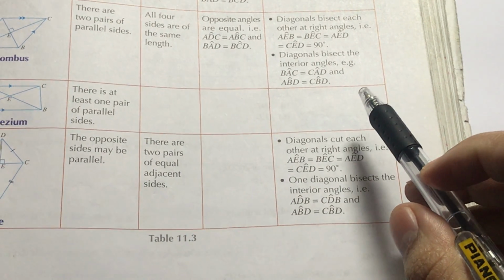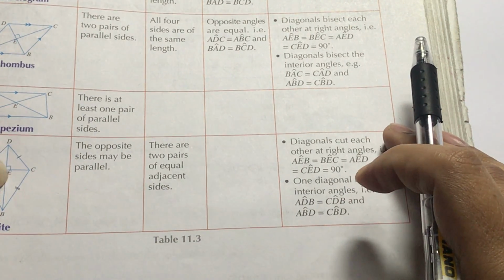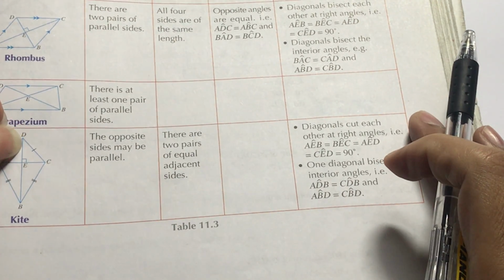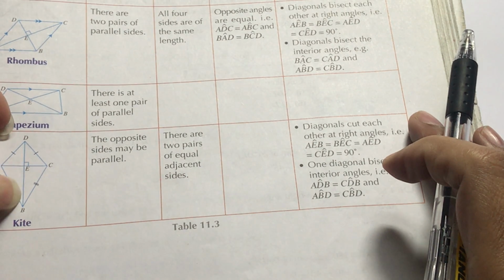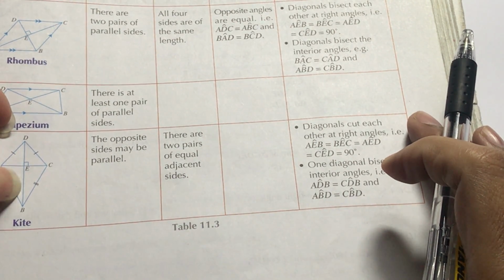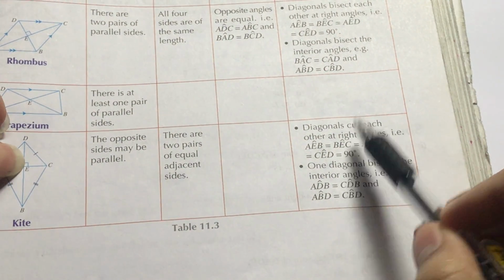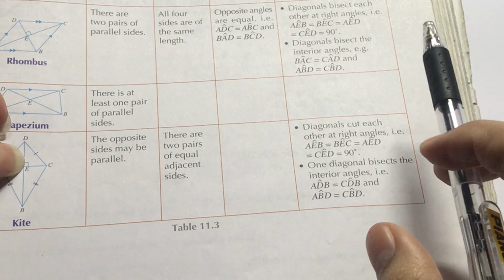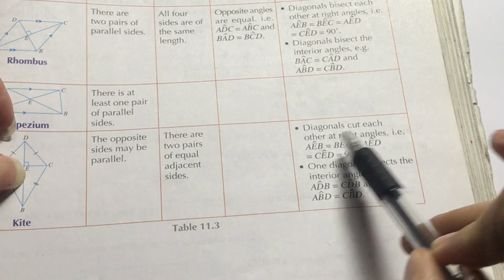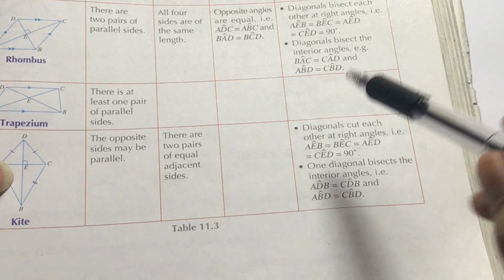You can see the top part of this diagonal is smaller than the bottom one, right? This one is the shorter one, and this one is the longer one. So the diagonals cut each other at right angles. They will not bisect each other.